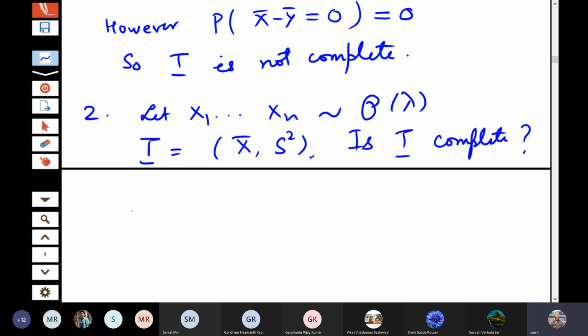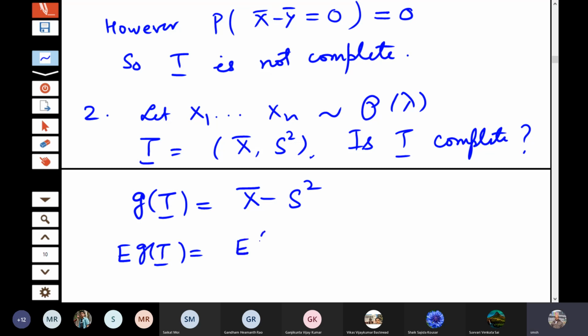So if you consider a function of this as x bar minus s square, then the expectation of g(T) is equal to the expectation of x bar minus s square. In the Poisson distribution, the mean and the variance both are lambda.